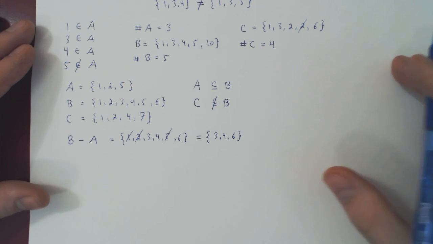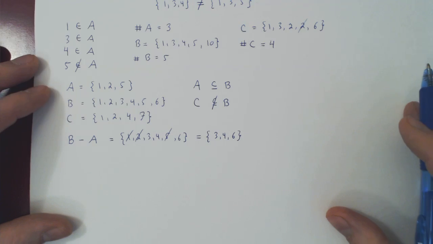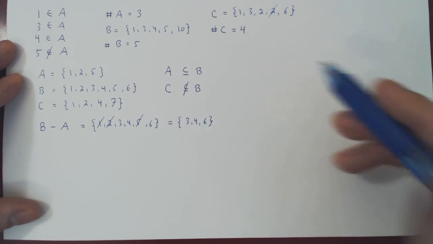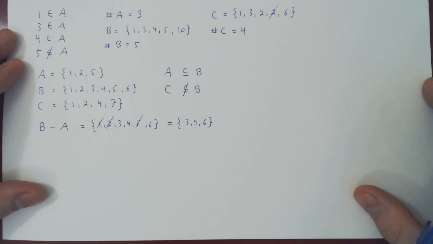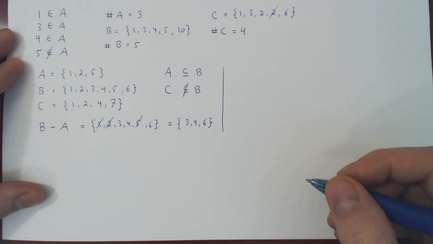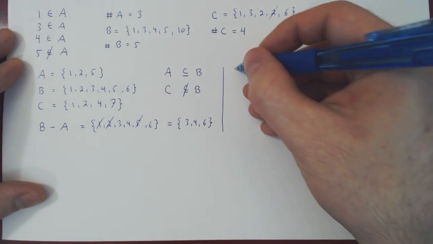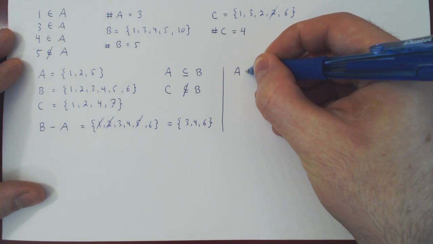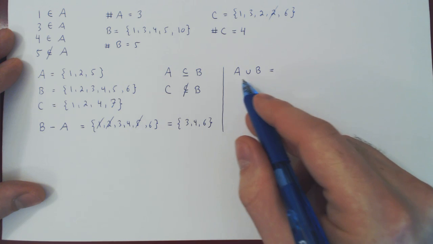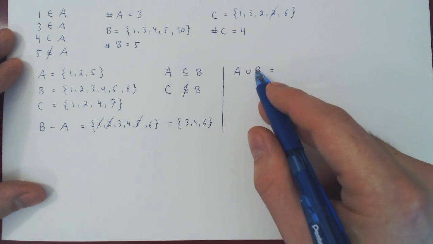Now we have two other basic operations, union and intersection. Let's consider for this A and C. So we write A union C, with a small U, and this means take all of A and all of C and dump them in a larger set.